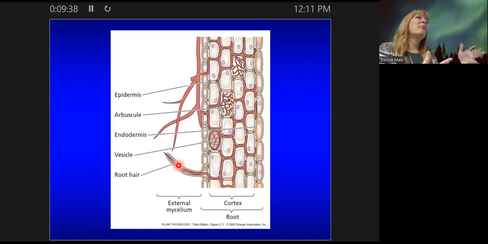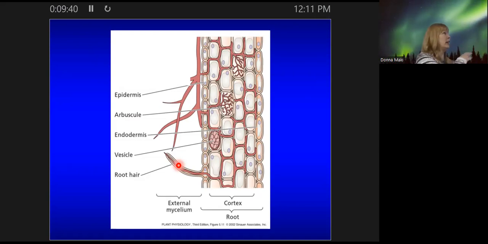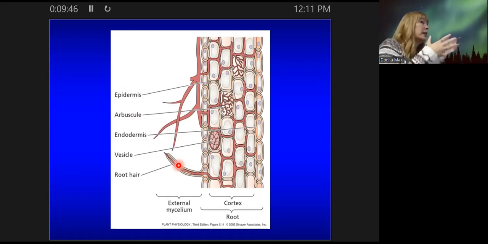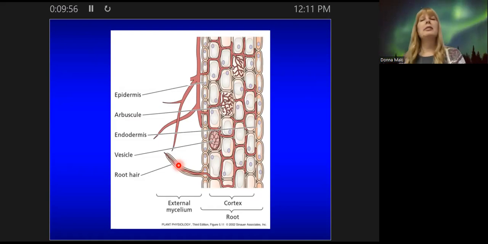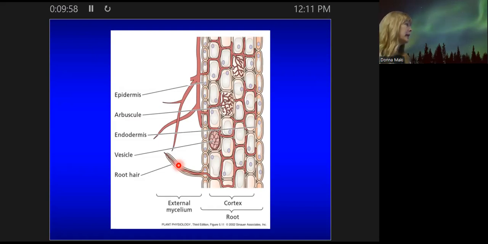If you think about fitting your hand into a latex glove, and the latex glove is the membrane, they're really hugged up to the membrane. It's a very intimate physical association between the arbuscular or VAM fungi and the plant membranes. And that allows for really good exchange of chemicals, nutrients, and all of that.